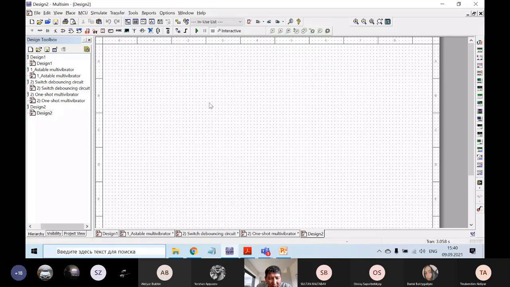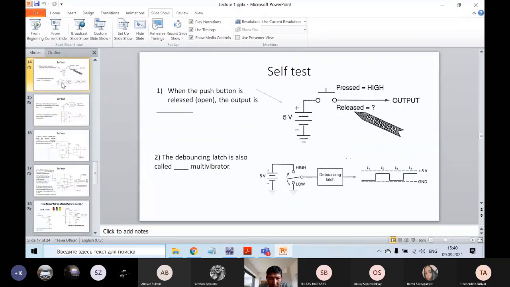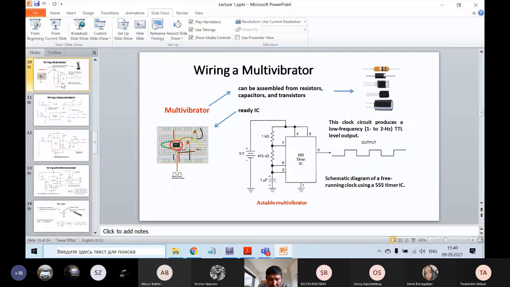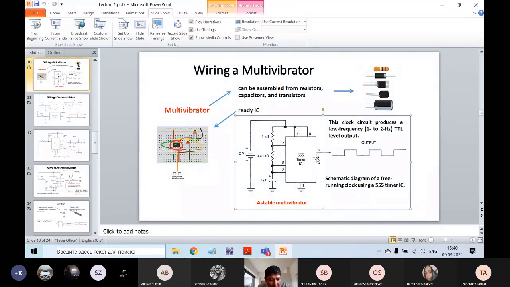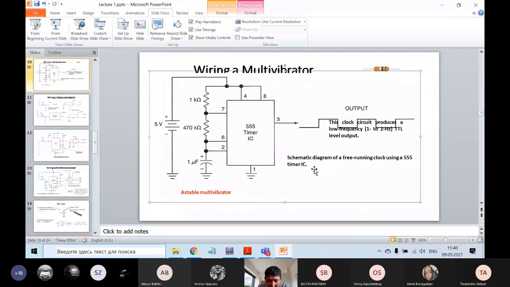So first, we need to choose. Let me open this circuit. This one. So we need to assemble this circuit, okay? For it, I need my sketch. Give me a few seconds.